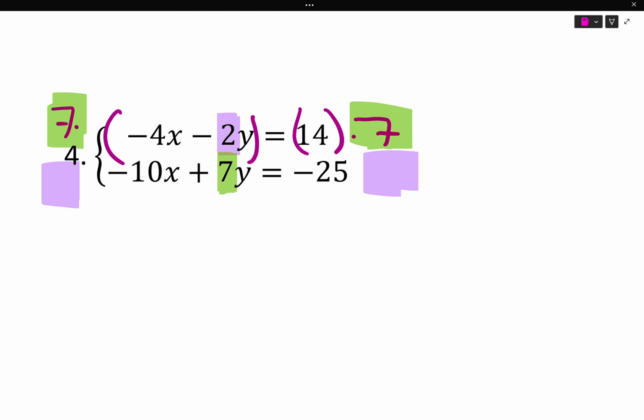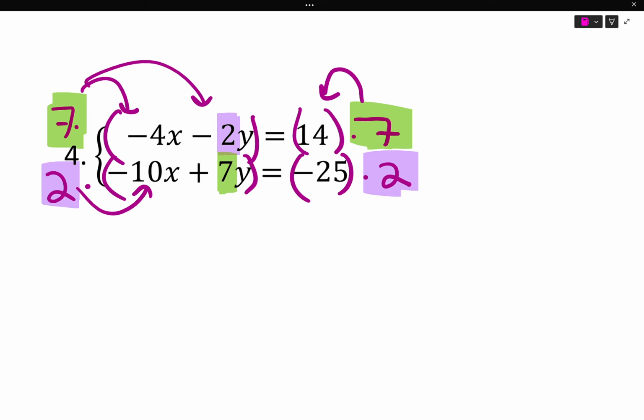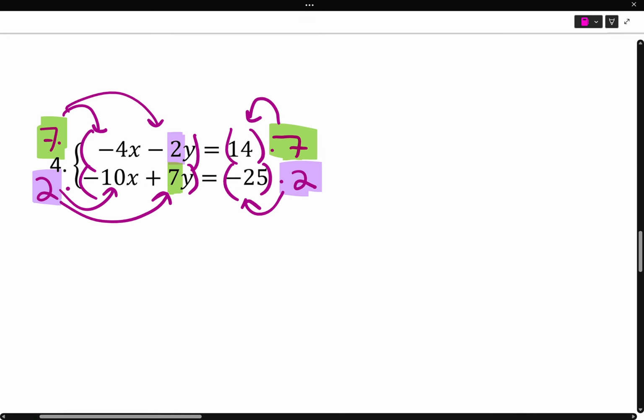Now I'm not changing any signs, so I'm not using a negative 7 or a negative 2 because they're already prepared. One is negative, one is positive. All right, let's distribute. I'm just going to draw my arrows now to save a couple seconds.